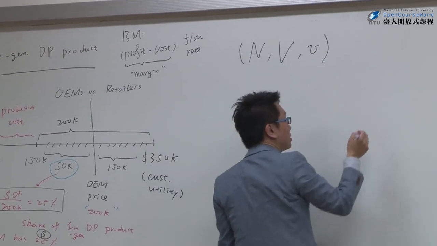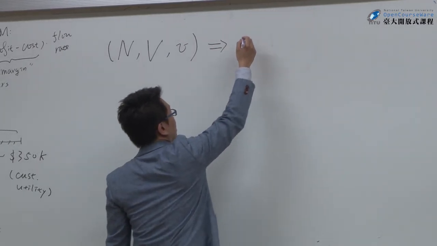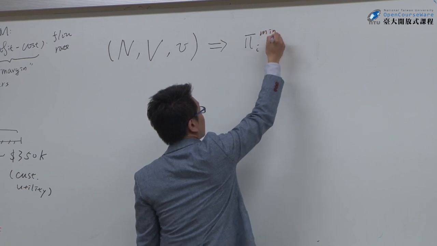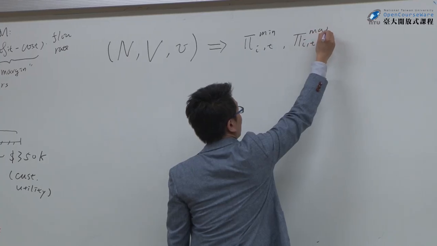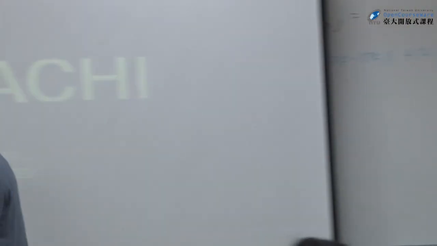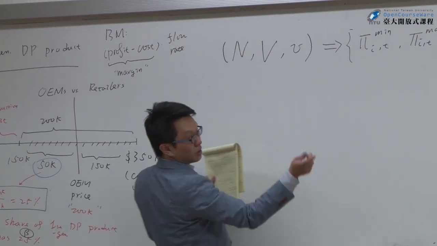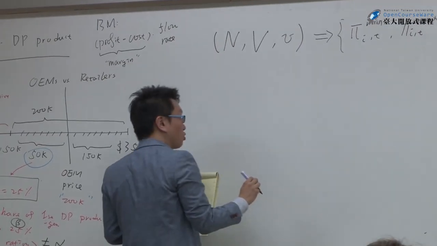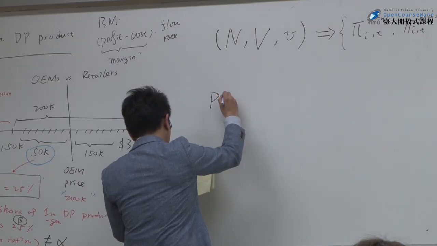Using linear programming, we can get pi minima and pi maxima for each player in different periods. So how do we calculate present value? On my slides, you will see we already used our solver to get all pi minima and pi maxima. Now let's calculate present value.